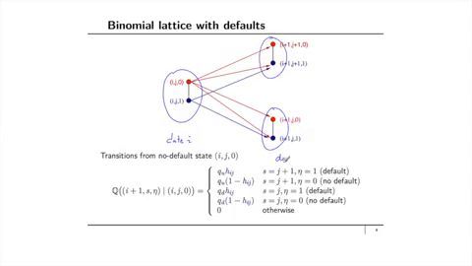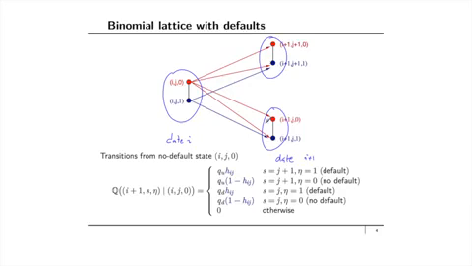When we looked at the short rate lattice, we had nodes ij. Now we have split each of those nodes into two nodes. ij0 means default has not occurred. ij1 means default has occurred. So the red nodes here indicate states where the default has not occurred, and the black nodes are the states at which the default has occurred.